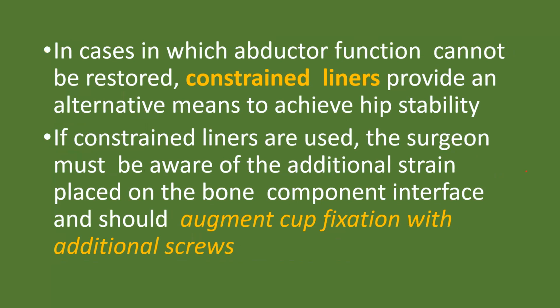In cases in which abductor function cannot be restored, constrained liners provide an alternative means to achieve hip stability. If constrained liners are used, the surgeon must be aware of the additional strain placed on the bone-component interface and should augment cup fixation with additional screws.